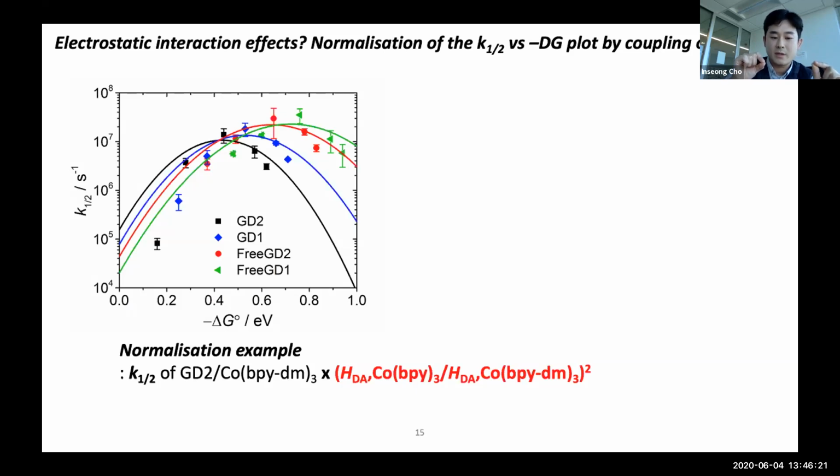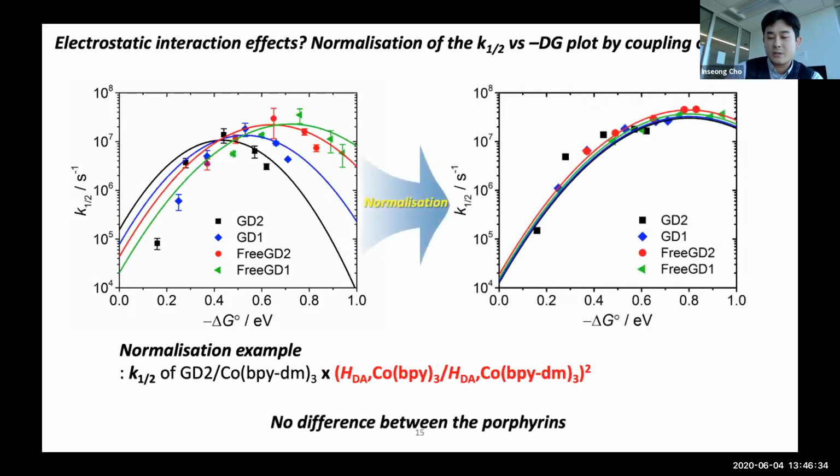So we did normalization by multiplying the coupling value ratio between the different cobalt mediators, and the result tells us that these 4 different surface-bound porphyrin molecules show pretty identical driving force dependent electron transfer rates.